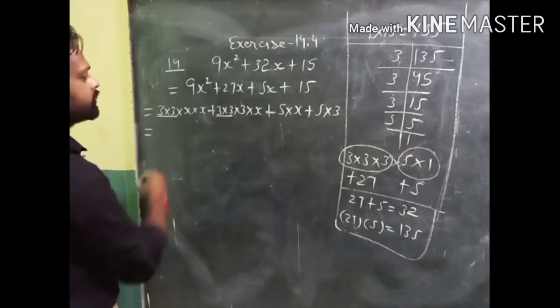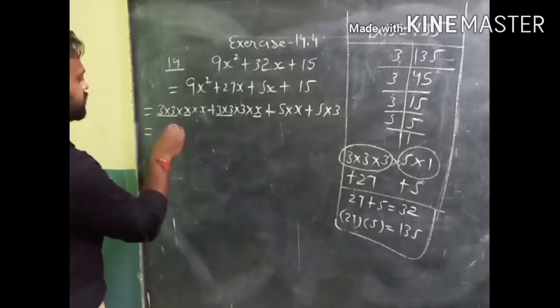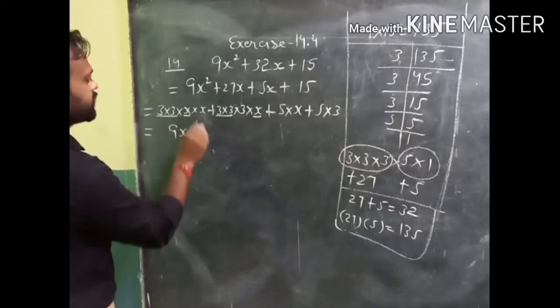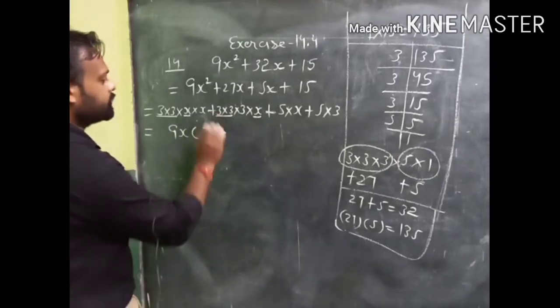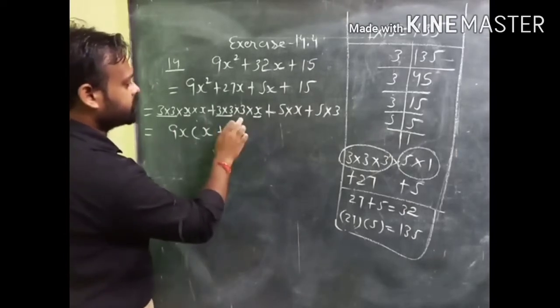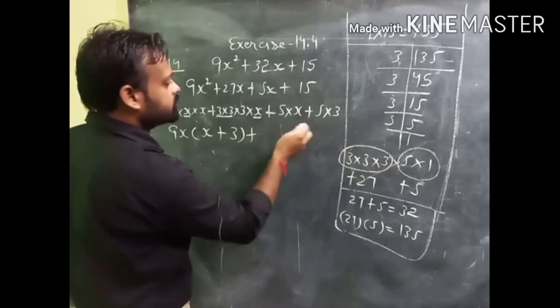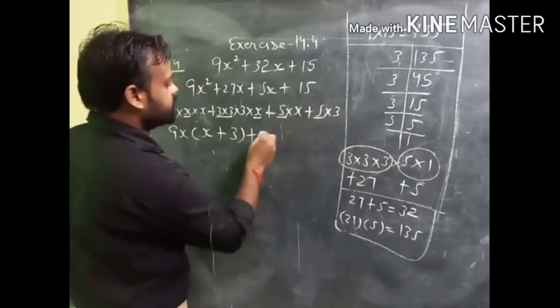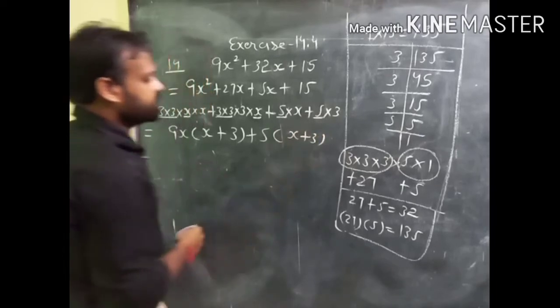This 3 is common, and x is also common here. So 9 into x is common, so write x inside the bracket, plus 3 is here because 3 is not common in this case. Then plus is here also, and 5 is taken common, and then x plus 3 is inside the bracket.